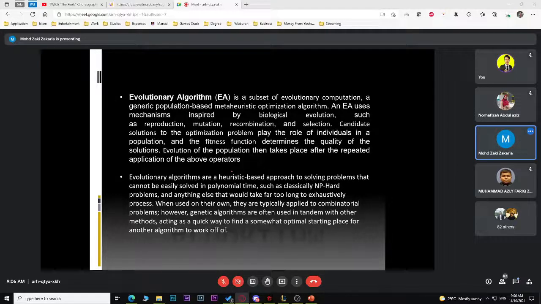Here. Who can explain heuristic-based? What does it mean?